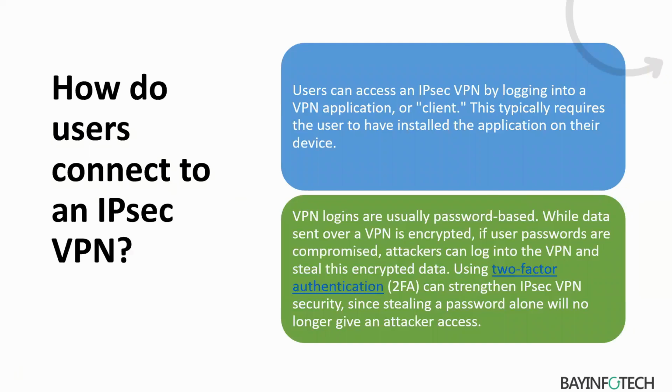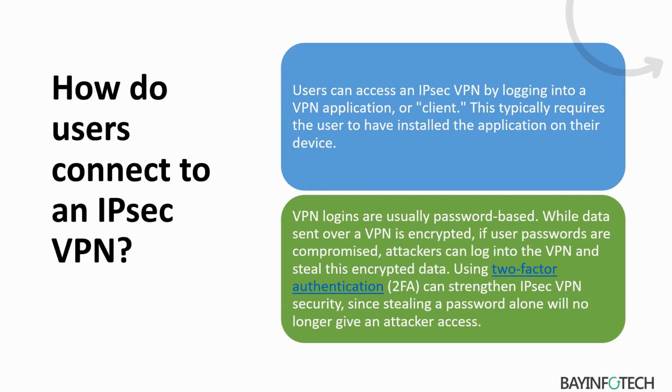So, users can access an IPsec VPN by logging into a VPN application or client. This typically requires the user to have installed the application on their device. VPN logins are usually password-based.